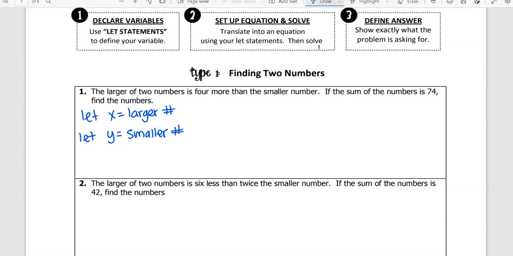All right, so what do we know about these? We know the larger of the 2 numbers is 4 more than the smaller number. What does that mean, 4 more?